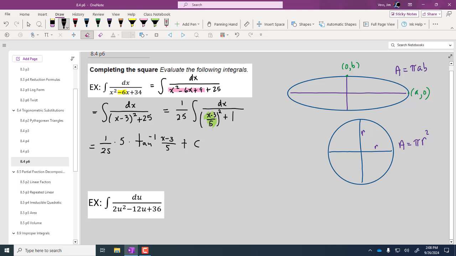This is because of RCR, reverse chain rule. So if we simplify this, we'll get 1/5 arctan of x minus 3 over 5 plus c. There is our answer.